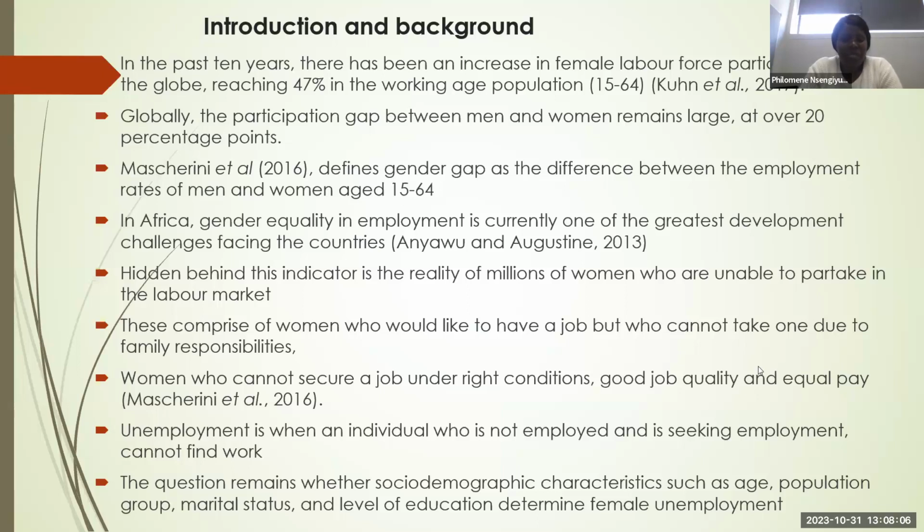Now the question remains whether socio-demographic characteristics such as age, population group, marital status, and level of education determine female unemployment. So this is what we're going to look at: the factors contributing to female unemployment in South Africa.